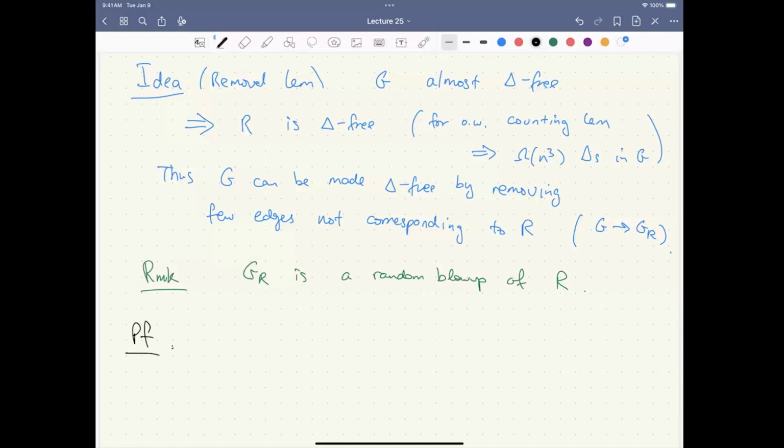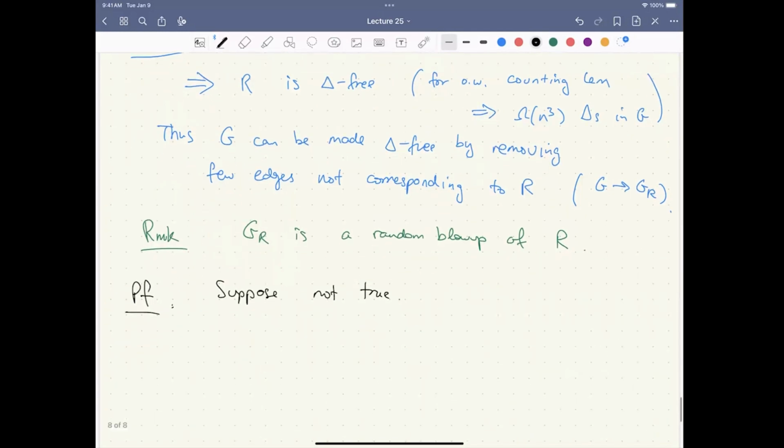We're going to essentially prove the contrapositive, right? So let's suppose it's not true. What does it mean? This means there exists a C bigger than 0 such that for any A bigger than 0, there is a counterexample.